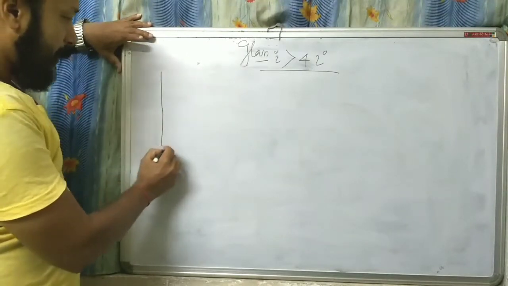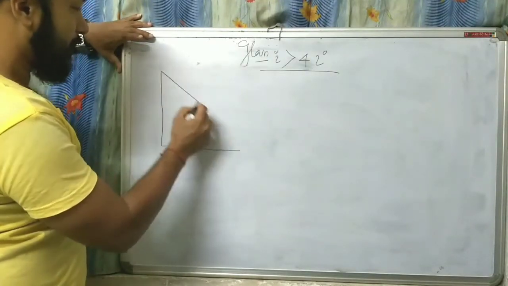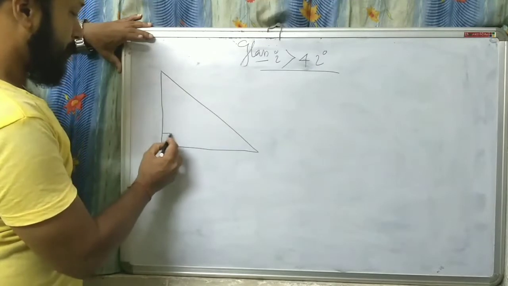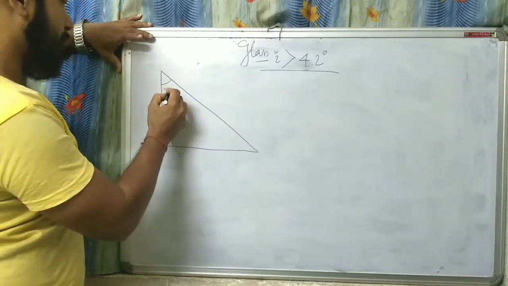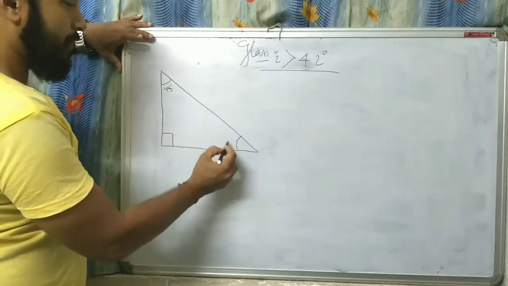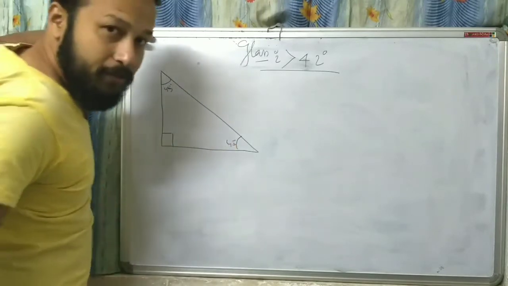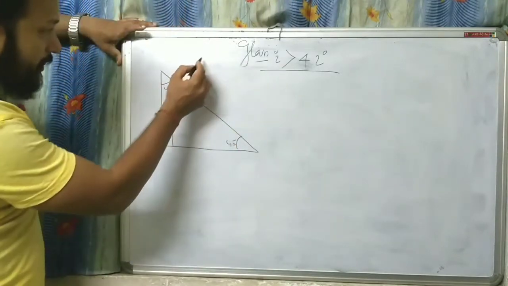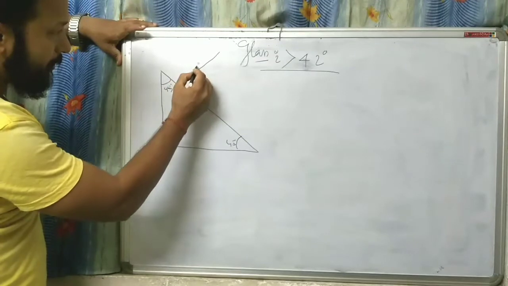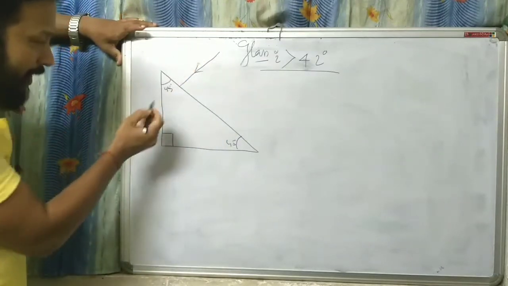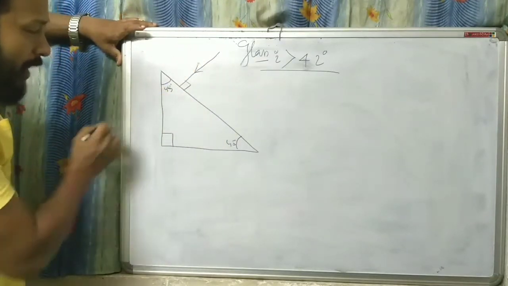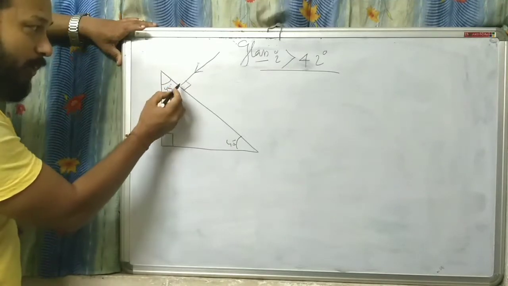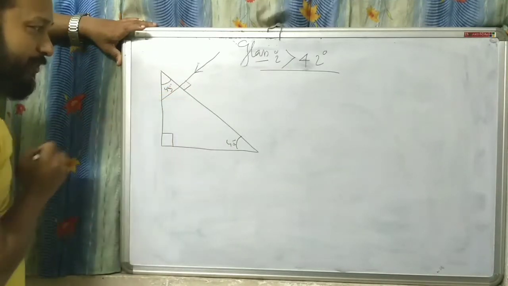In the next figure, again we are taking a right triangular prism. Okay, 45, 45. Correct? And the ray is coming like this, perpendicular. And we know that when the ray is perpendicular, it will go straight.